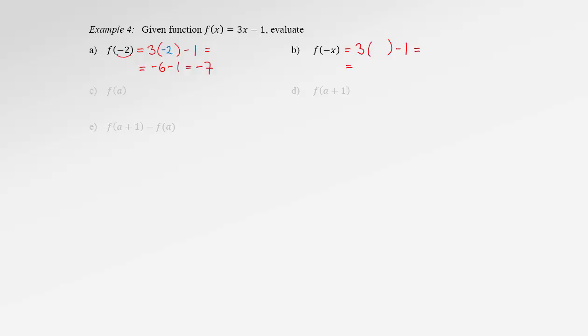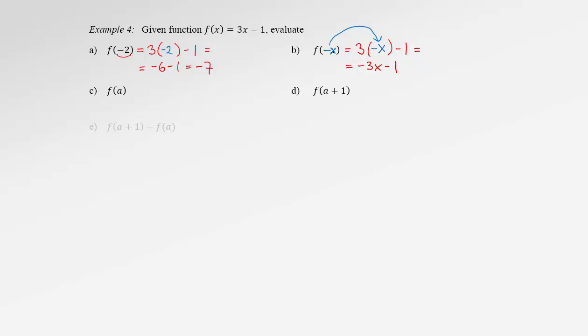Now, inside this bracket, we'll write whatever the input for the function is. In this case, it's negative x. So we place negative x here. Now let's simplify this formula. That becomes negative 3x and negative 1. Therefore, function f is transforming negative x into negative 3x minus 1.